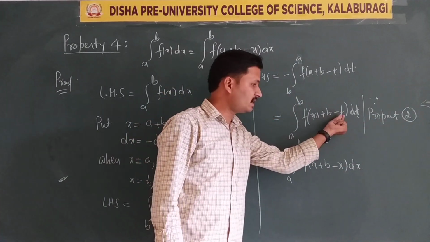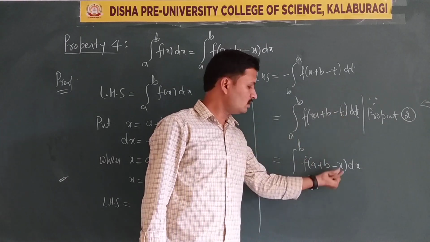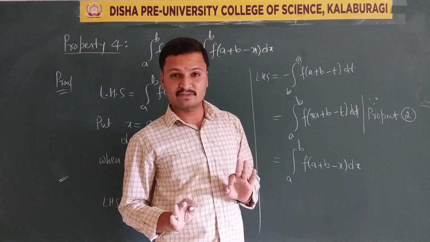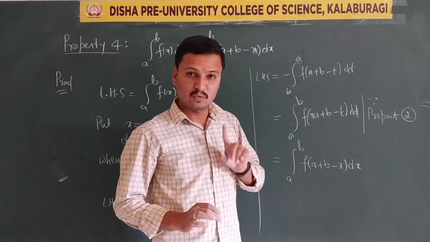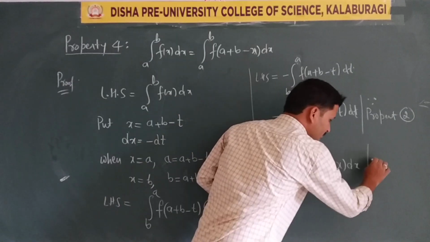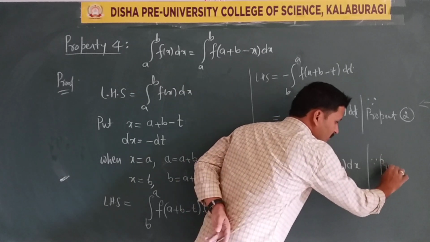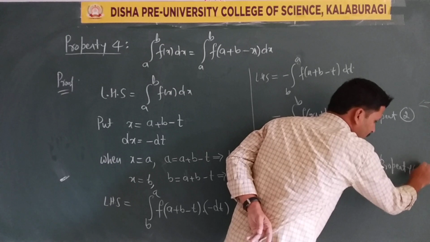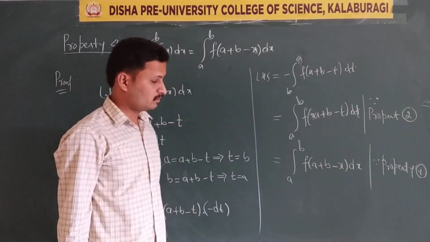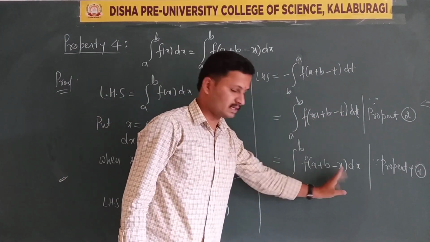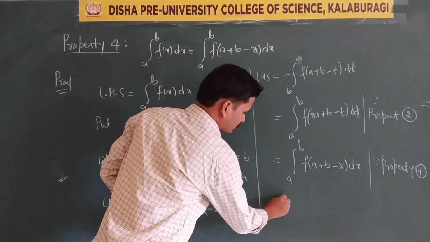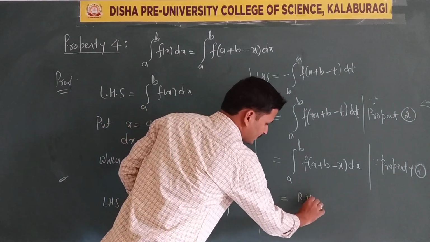That means I changed the variable t to x, then definitely the value of the integral does not change, because of property number 1. Here we are using property number 1, that means t changes to x. So this is our RHS, which is equal to the right hand side expression.